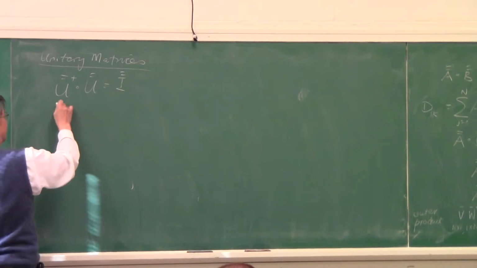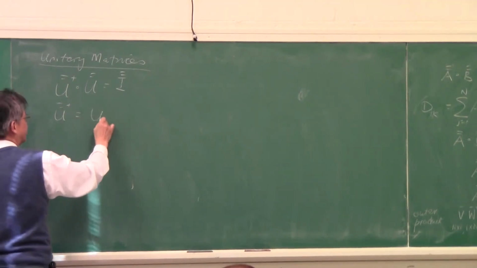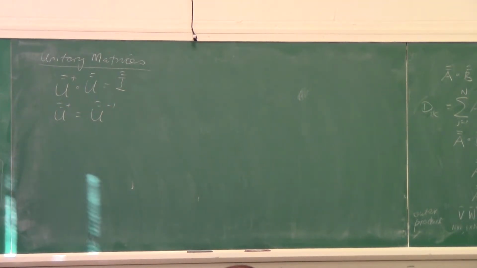This means that its conjugate transpose must be equal to its inverse, from the property that we have just learned. Many matrices in quantum mechanics have this property, so this is a property that you should know.